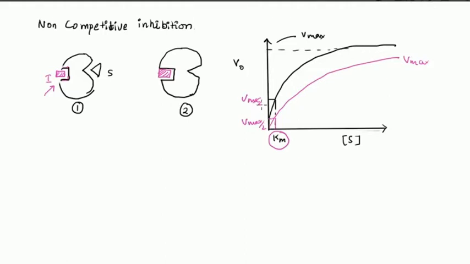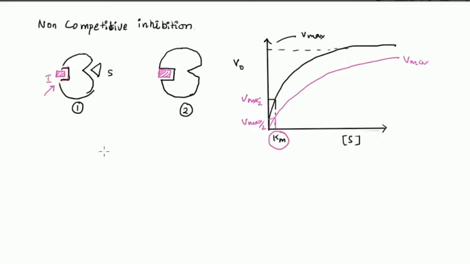So we keep the substrate constant, but the Vmax decreases and the Vmax by 2 decreases, or half of the Vmax decreases, but the Km, since the substrate concentration does not affect the inhibition, remains constant.